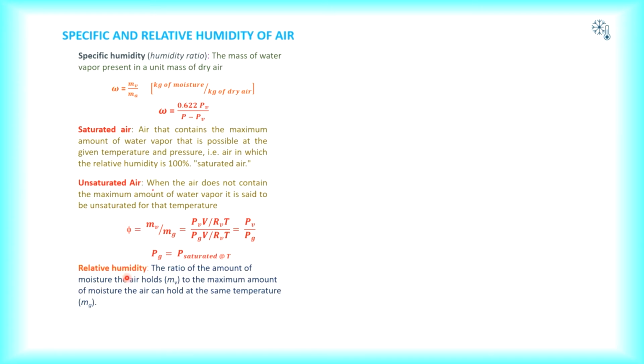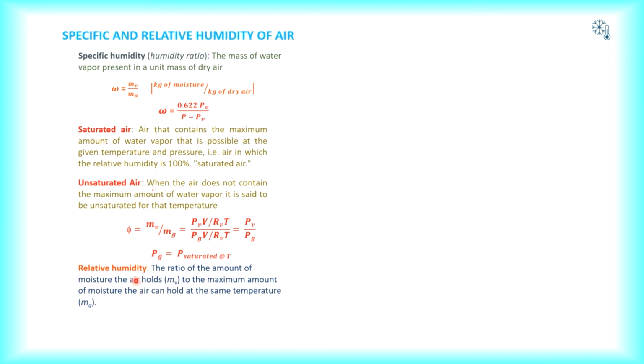So this is relative humidity. That is the ratio of the amount of moisture that the air can hold, not saturated, that is mv, to the maximum amount of moisture the air can hold. That means the maximum is when the air has become saturated.